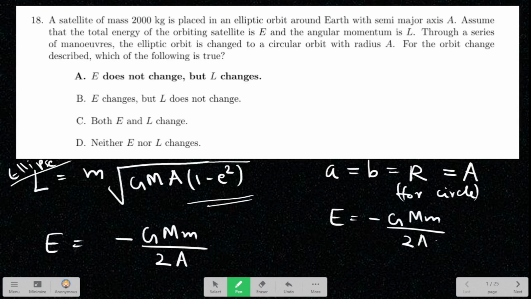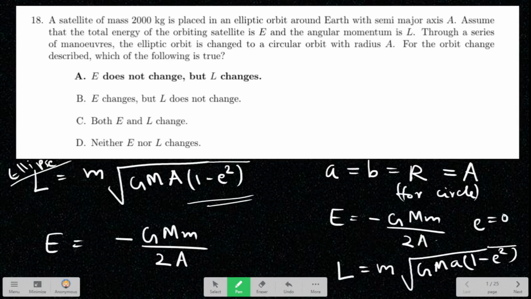And L, angular momentum, L is equal to m into root of GMA into 1 minus E square. But we know that eccentricity E is equal to 0 for a circle.